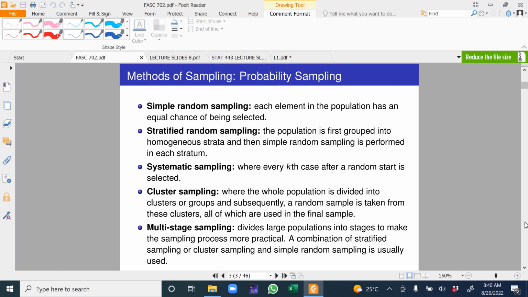For each unit in the population, there is a non-zero probability of the unit being included in the sample. So you do realize that there is a structure on how you identify the units that form part of your sample. On the other hand, non-probability sampling does not have those kinds of restrictions.